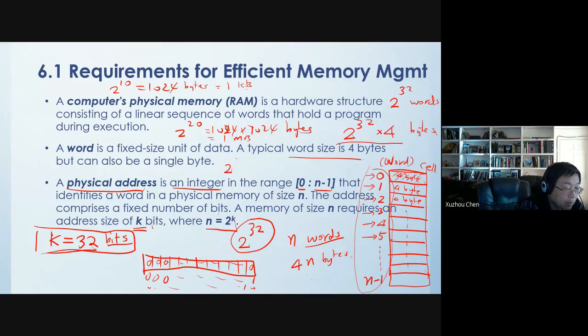Now 2 to the 30 bytes is 1 gigabyte. Okay, 2 to the 30 is 1 gigabyte.